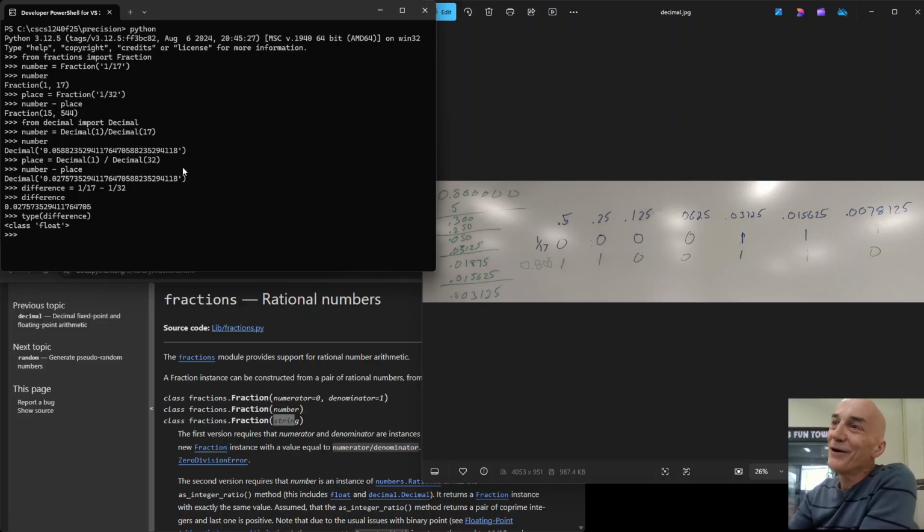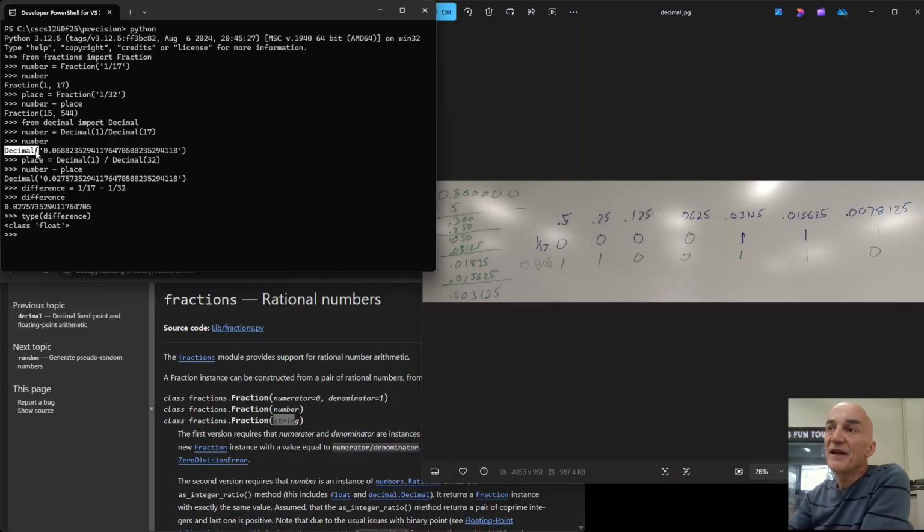Okay, so if I come back over here, someplace I have imported from the decimal module a class named Decimal. And then I can say number is redefined here, assigned a Decimal object initialized to 1 divided by a Decimal object initialized to 17. Okay, and I want to check and say, hey, Python, number. Python says, I know what that is.